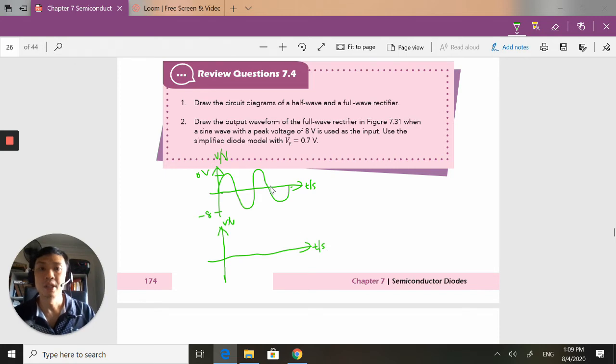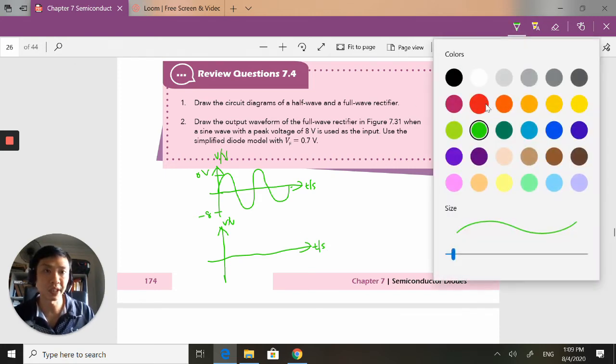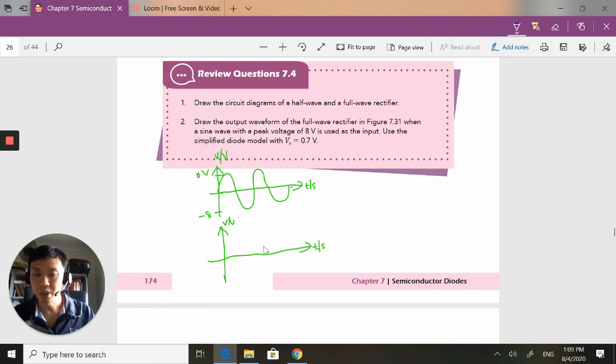Let me change to a different color. Maybe let's use a nice dark blue. Since this is a full wave rectifier with a simplified diode, I have to take into account that nothing below 1.4 volts works and nothing above negative 1.4 volts works.